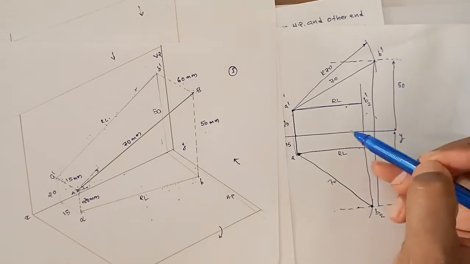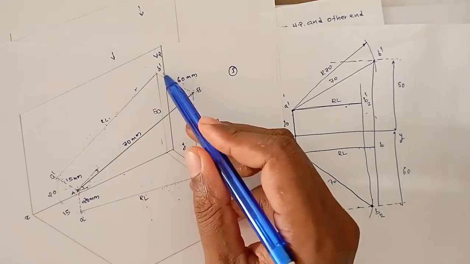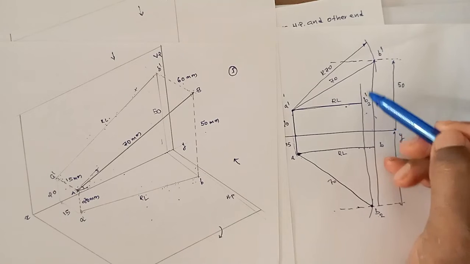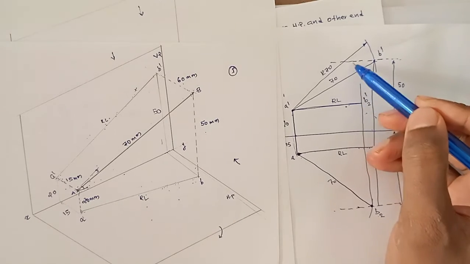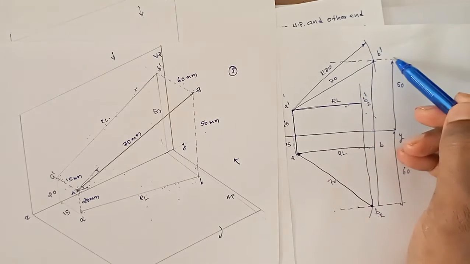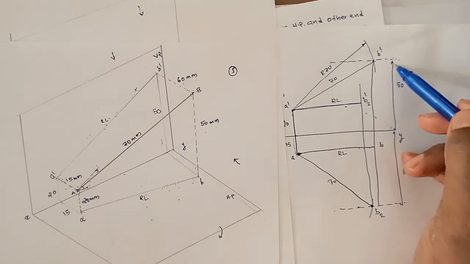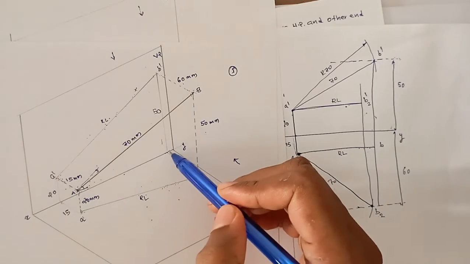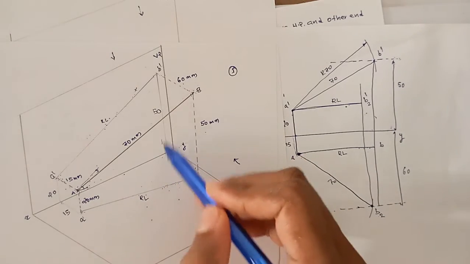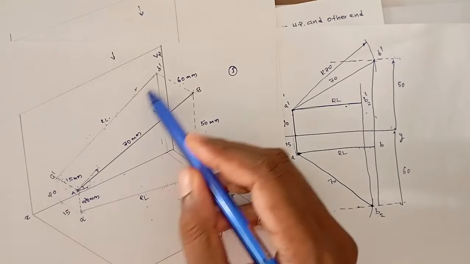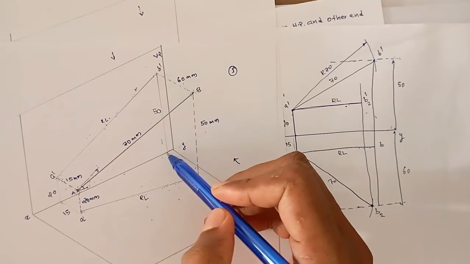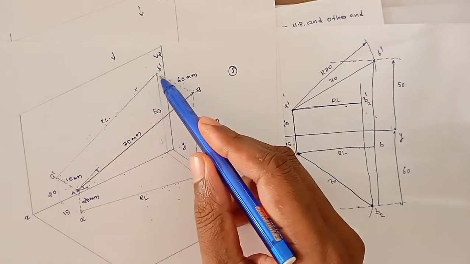That means the end point of this line B2 dash in the original case will be on this line, that is 50 mm above the XY line. Here this is our XY line. The original front view will be 50 mm above the XY line.